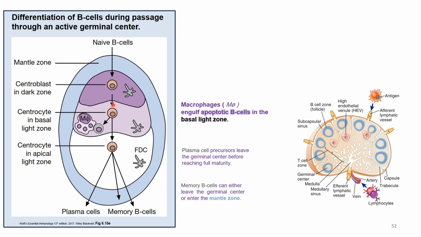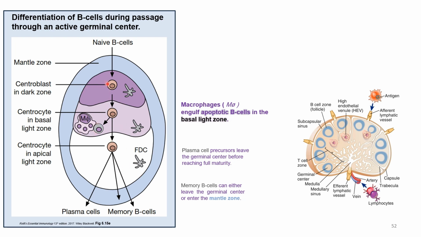Okay, so just leaving these follicular dendritic cells aside, they play important roles in helping to orient and direct cells within these zones. So we have the dark zone and the light zone, and the light zone is divided into two.